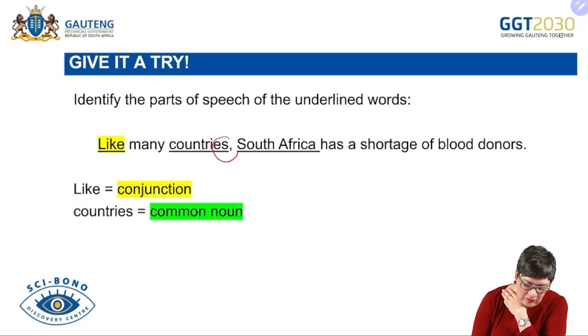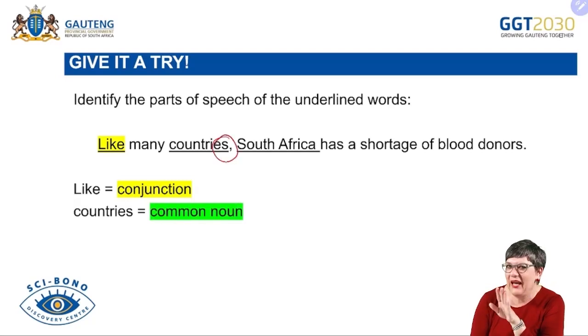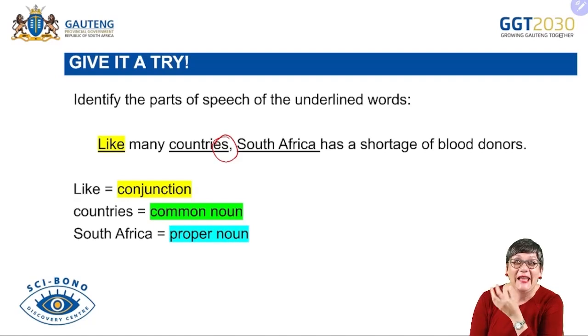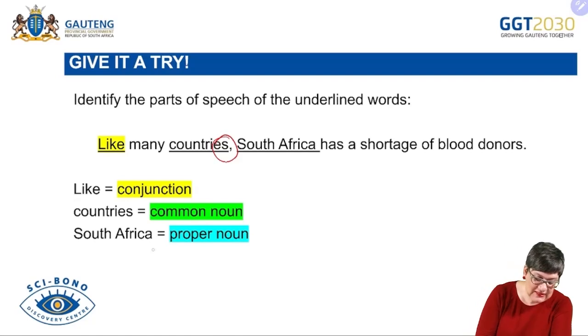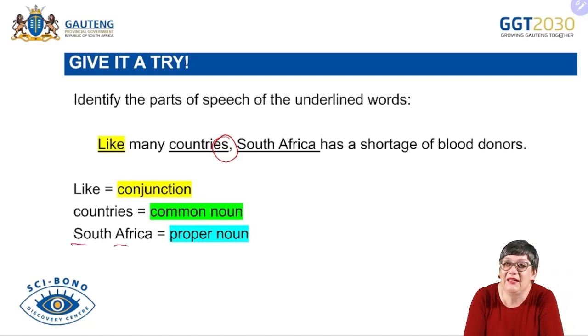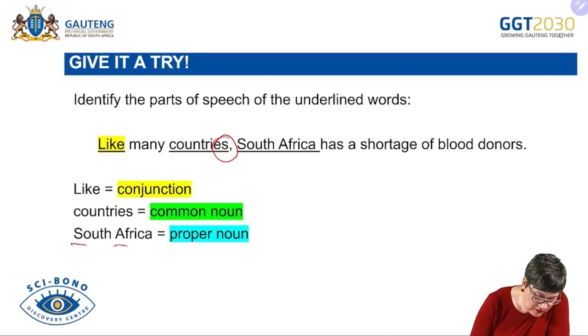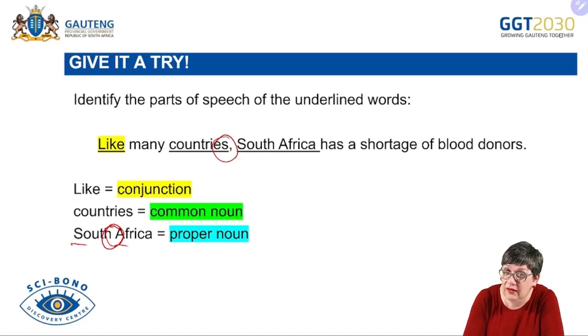Countries, again, is our plural one. Plain, easy, common noun. And then South Africa is the name. And we know that's a proper noun. Right, because it's written with a capital letter. Now, please remember, can you see there's no hyphen there? Please make sure you spell South Africa correctly.